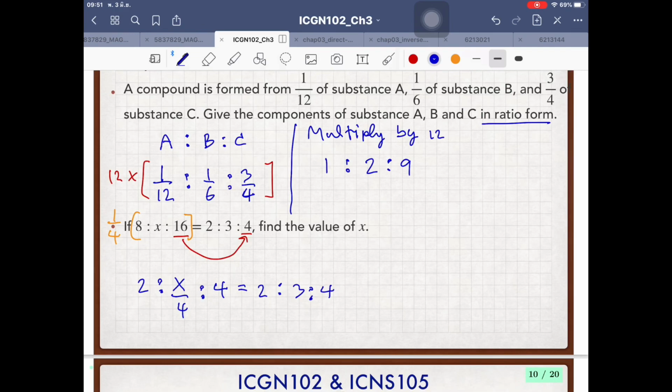Okay, so here you can see that for the first term and then the third term, they are the same on both sides. All right, so in this case, we can say that the term x over 4 must be equal to 3. All right, so here x will be 12.